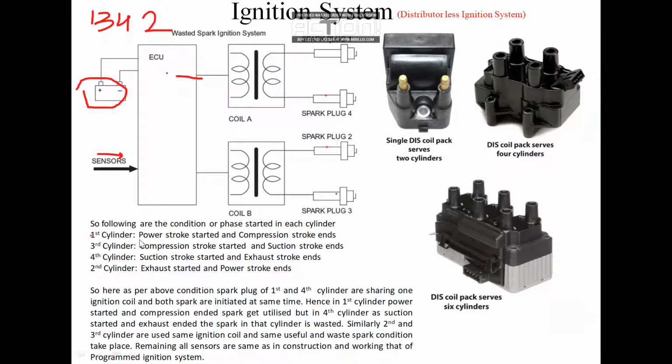If the power stroke has started in the first cylinder, that means the compression stroke has ended in the first cylinder. So in the third cylinder, what is the condition?